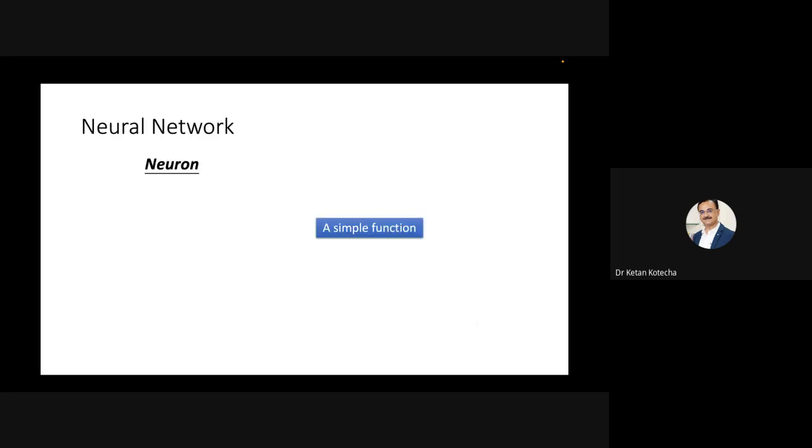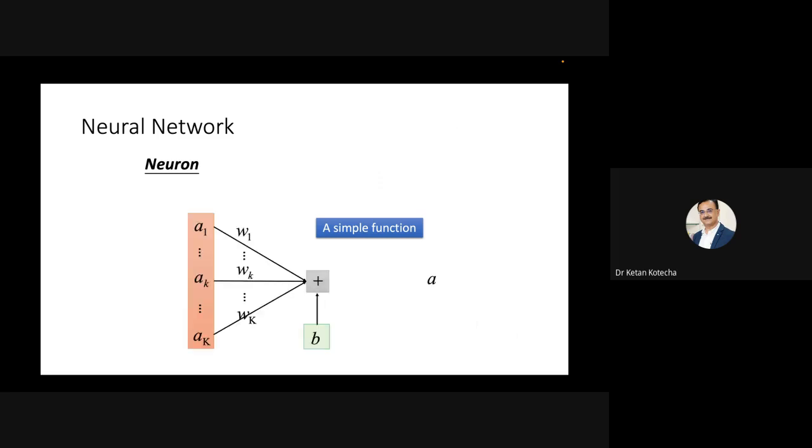But let me put all these things in a very simple way, which is a neural network. If you know something about neural networks, then it's easier to understand how the training is done and how overfitting and underfitting work. I'm not sure that neural networks have been taught, but let me just recap very fast.